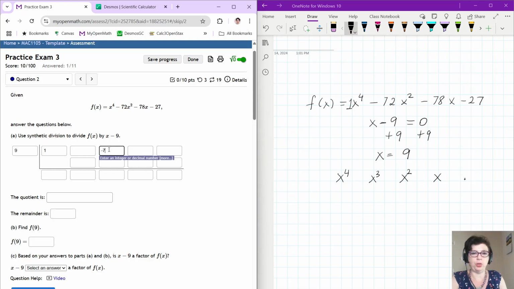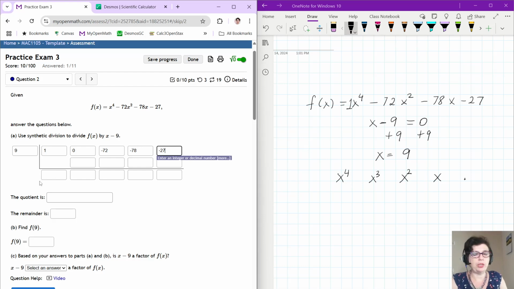Actually that should go here, corresponding to x squared. There was no x cubed at all, and because of that, I have to put a 0. So be careful. Sometimes there are terms that are not there, and in that place, you need to put a 0. For x, I've got negative 78, and the number is negative 27.